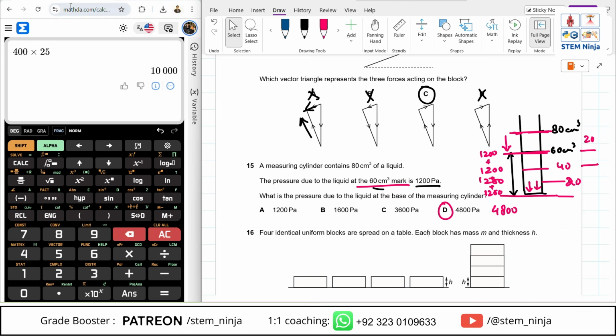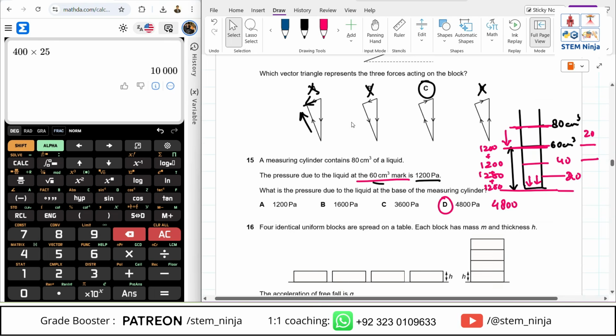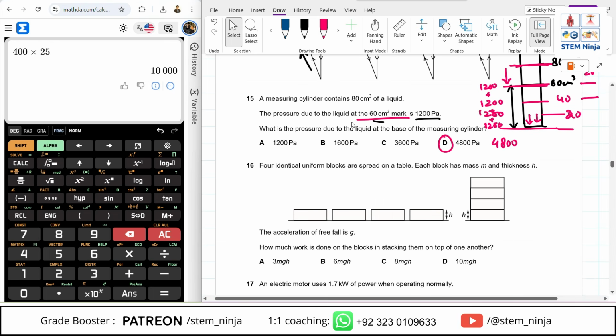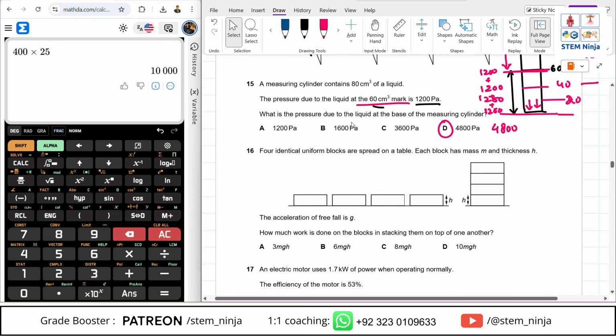Okay. 4 identical uniform blocks are spread on a table. Each block has a mass m and thickness h. The acceleration of free fall is g. How much work is done on the blocks in stacking them on top of one another? So for one of them, there is no change because you're stacking the three on top of them.